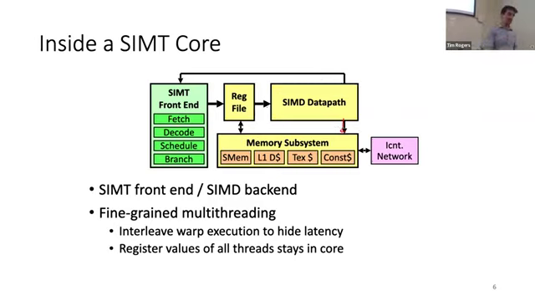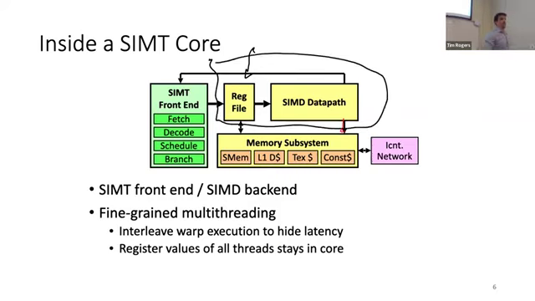That big wide data path is going to have to read from a register file. The register file is going to have a lot of bandwidth because there's going to be a lot of lanes in that wide SIMD. These two components really are pretty much identical to a vector engine. It's just a big wide vector processor or vector core with a vector register file. What makes it SIMT, or different from traditional vector extensions, is all of the stuff inside this SIMT front end.